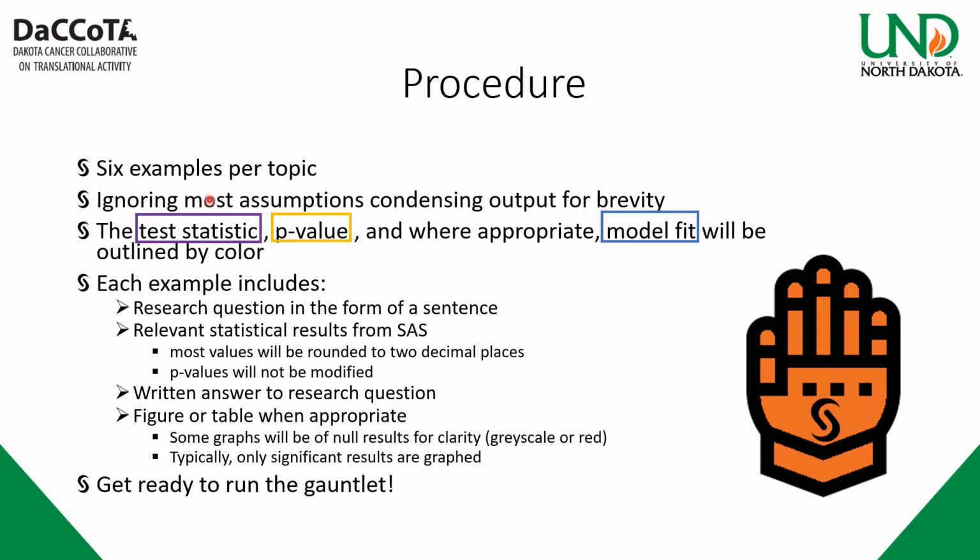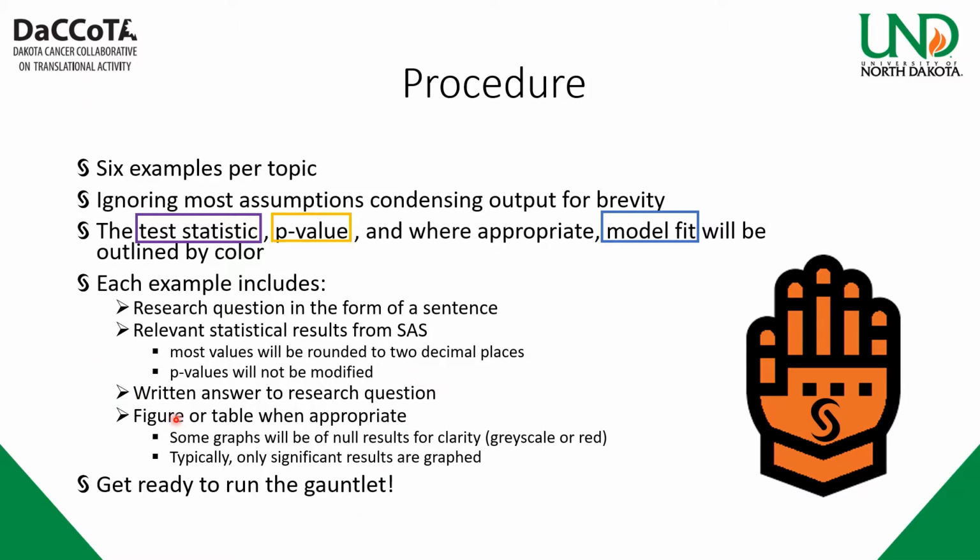Now, I'll be showing the test statistics in purple, the p-value in yellow, and, when appropriate, a model fit in blue. Each example will have a research question in the form of a sentence to get you thinking in plain language about these statistical questions, then the results from SAS, and a lot of times I'll round some of the numbers for brevity.